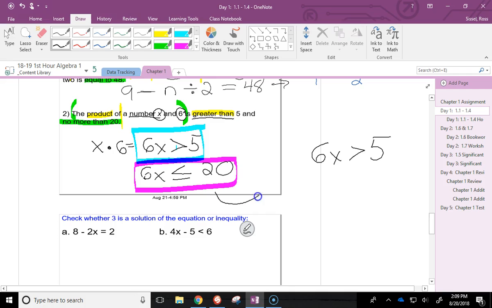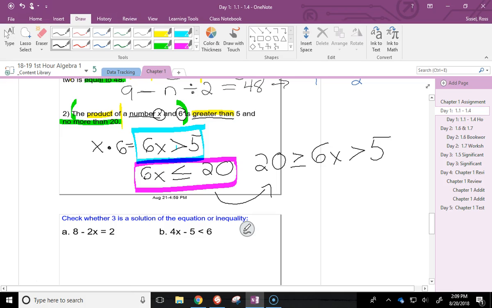And then on this one, I'm going to throw it over here. 20 goes here, and 20 is greater than or equal to 6x, which is the opposite way of saying 6x is less than or equal to 20. So because the 20 was right of the 6x, this time when it's left, I flip my thing. So instead of 6x is less than or equal to 20, I can also say 20 is greater than or equal to 6x.